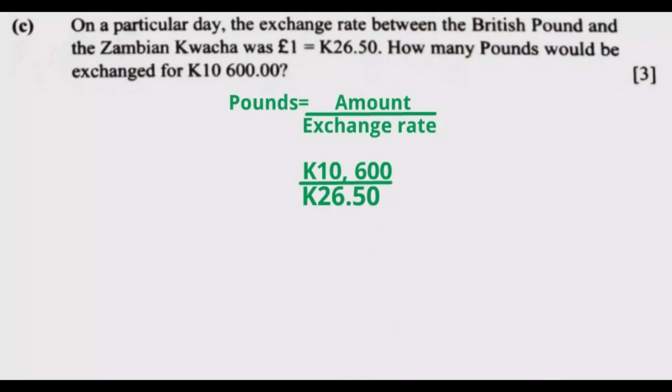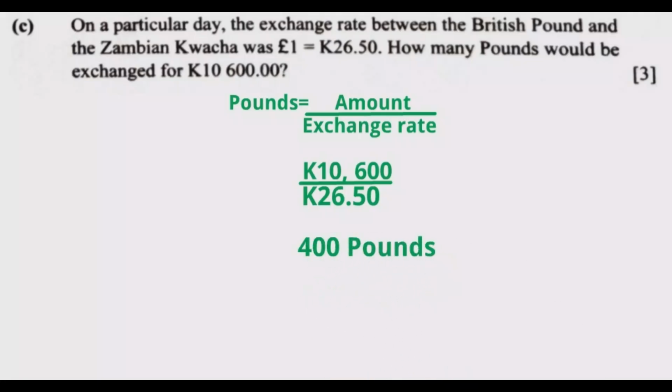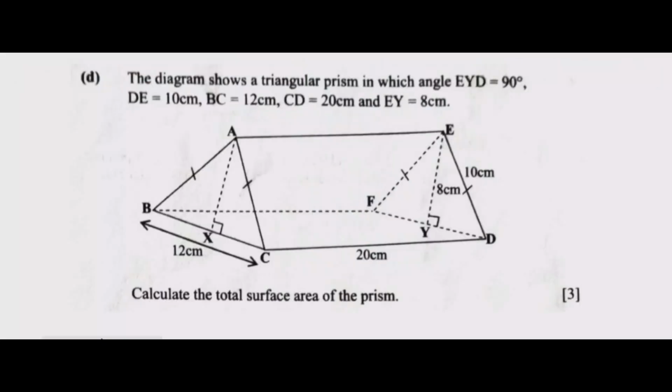When we divide that, it's going to give us 400 pounds. So that will be the money in pounds. That will be 400 pounds.